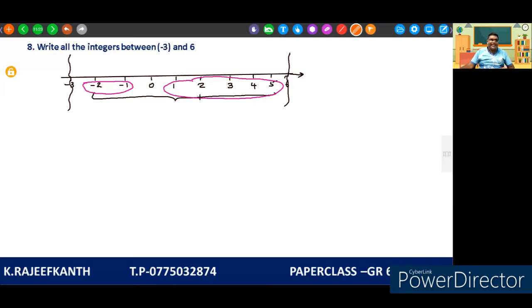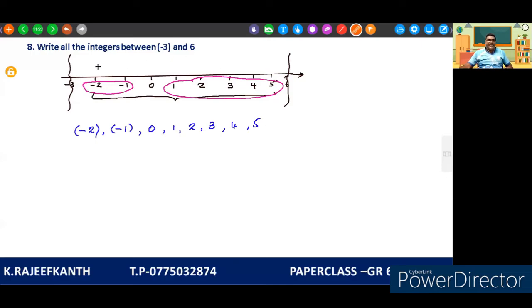Then what are the integers we can write between -3 and 6? -2 and -1. When we are writing negative values, we put the bracket, right? 0, 1, 2, 3, 4, and 5.